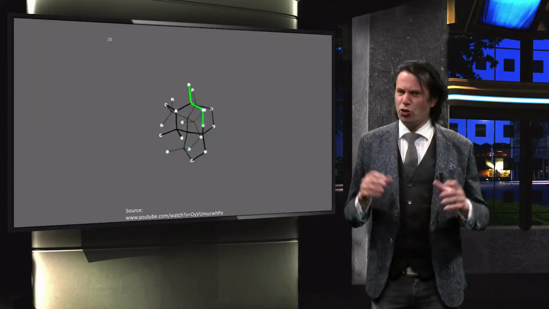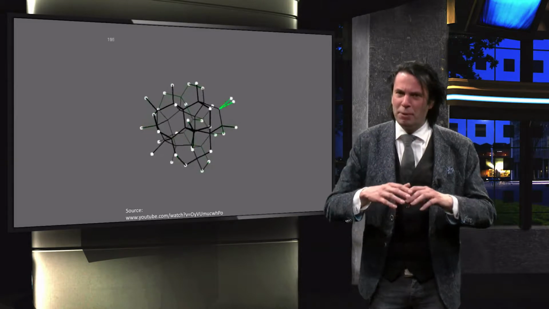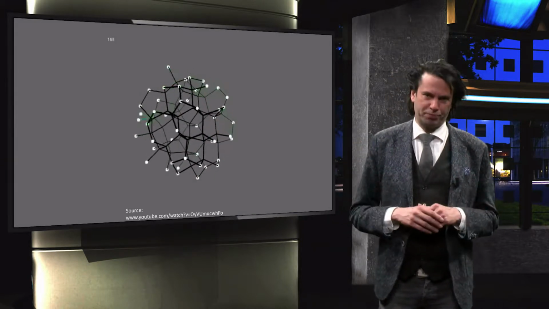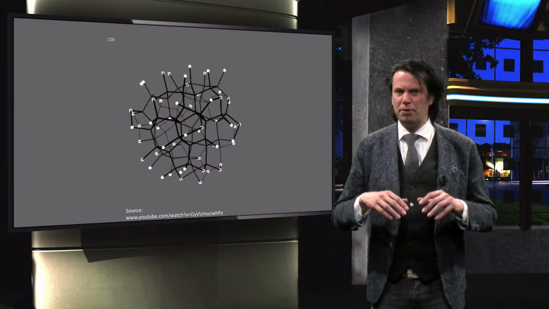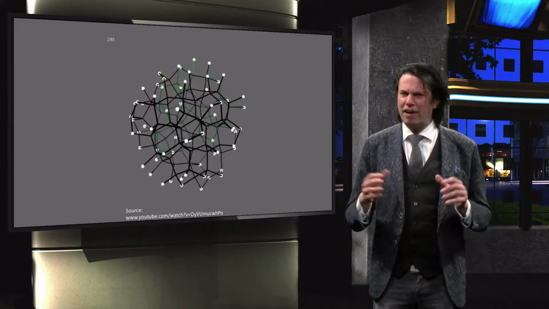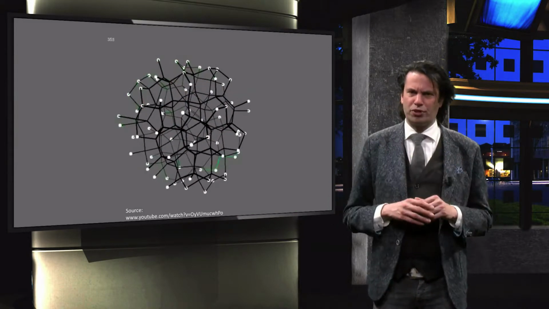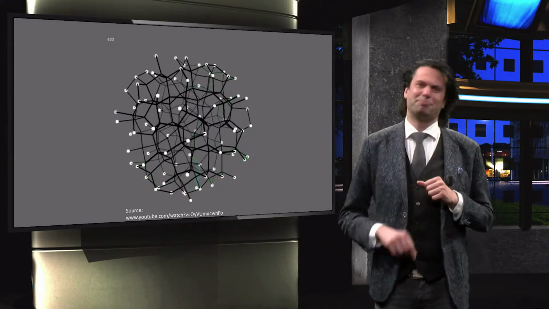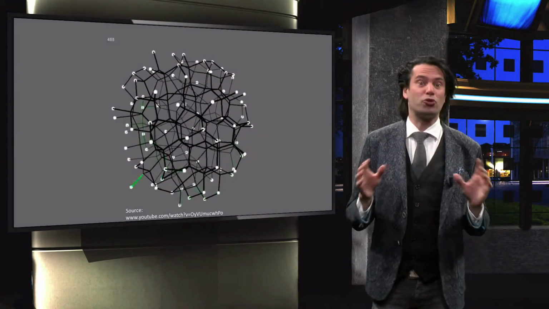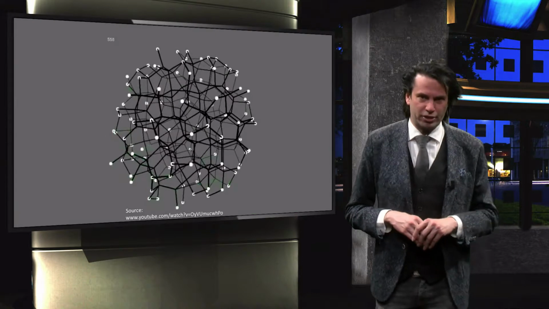This video shows an amorphous structure being built up bond by bond. You can see, as the figure builds up further, that it's hard to find any order in this network, and you are correct. This figure shows a so-called continuous random network.